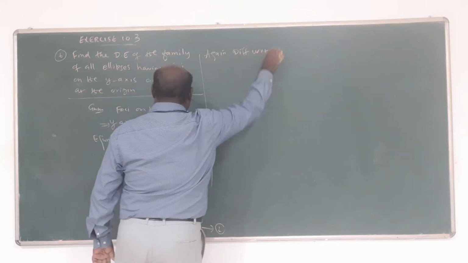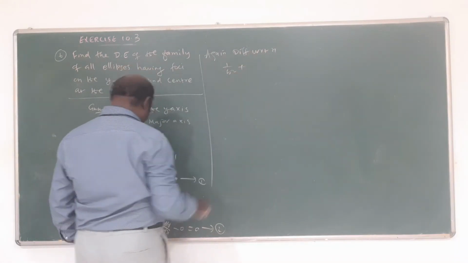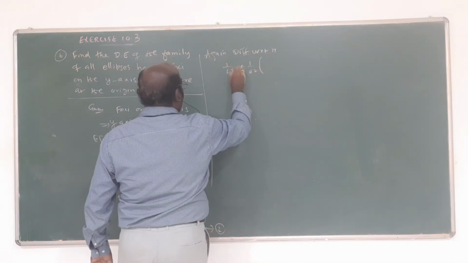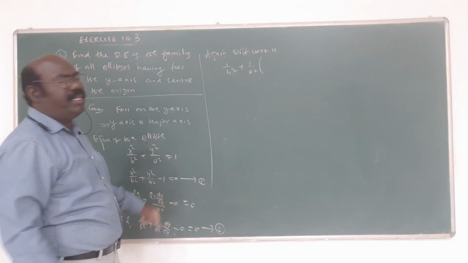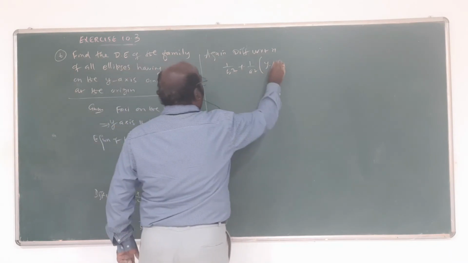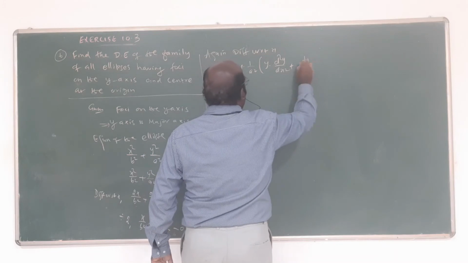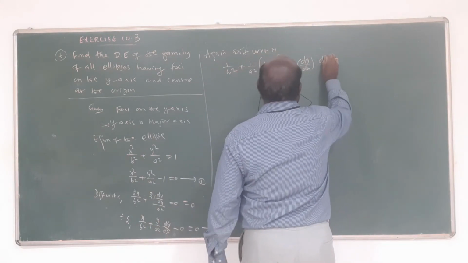Now again differentiate with respect to x. What is the answer here? 1 by b square, but here 1 by a square is constant. Y into d is also y into the product rule: y into the derivative of dy by dx, which is d square y by dx square, plus dy by dx into the derivative of y, which is dy by dx.